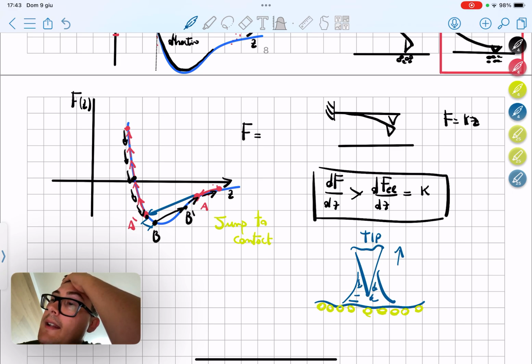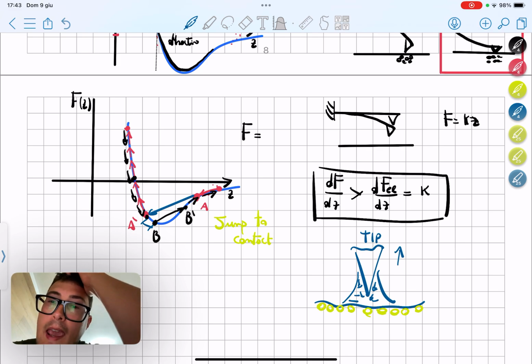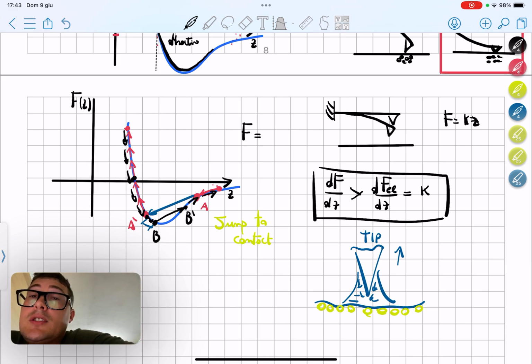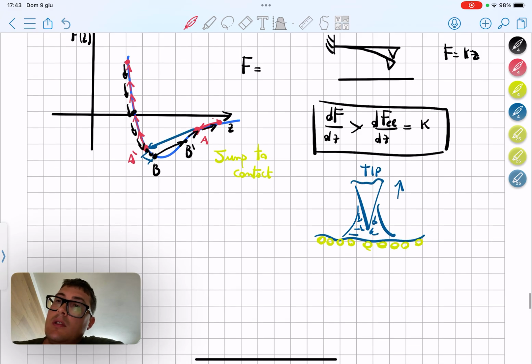They are holding down, and that's the origin of this A prime B displacement in the force distance curve. And this is called jump off contact, of course.